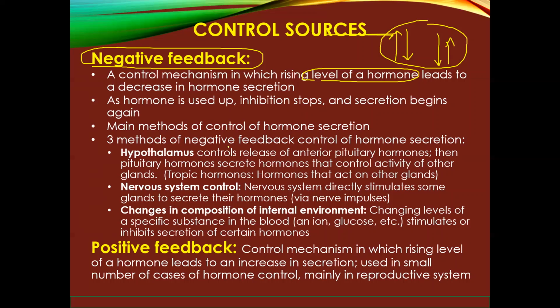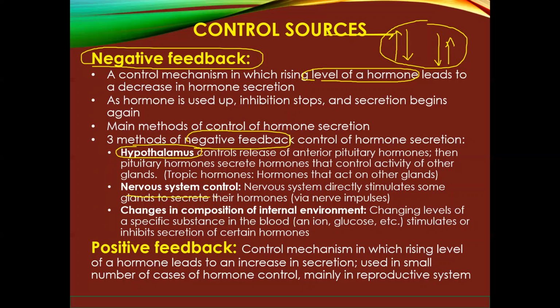Okay, there are three methods of negative feedback system. The first one uses the hypothalamus. So the hypothalamus produces many hormones that control whether the other hormones will be increased or decreased. Okay, so using the hypothalamus to control the production of several types of hormones.